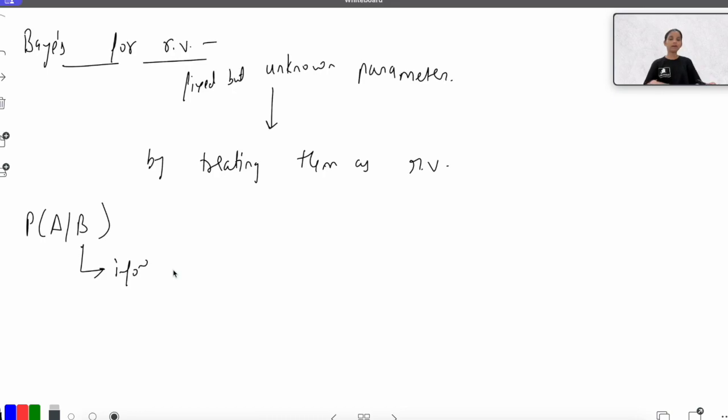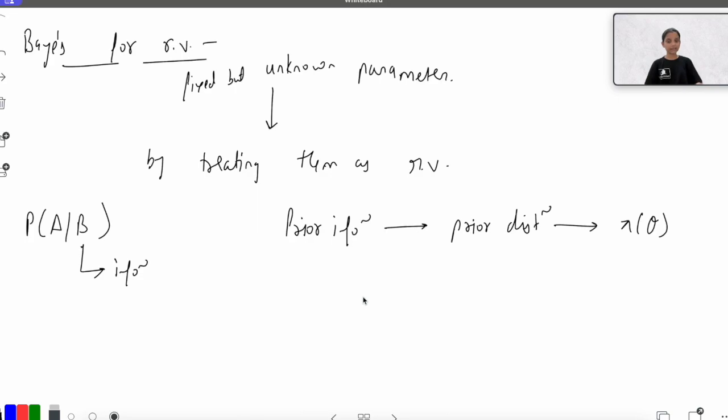So you can frame a distribution corresponding to that information, and that prior information can be constructed with the help of a prior distribution. So firstly, you will say that you are having some prior information, which is basically your prior distribution, because this information is variable over time. So that's why you are framing a distribution corresponding to it, and that is denoted with pi theta.